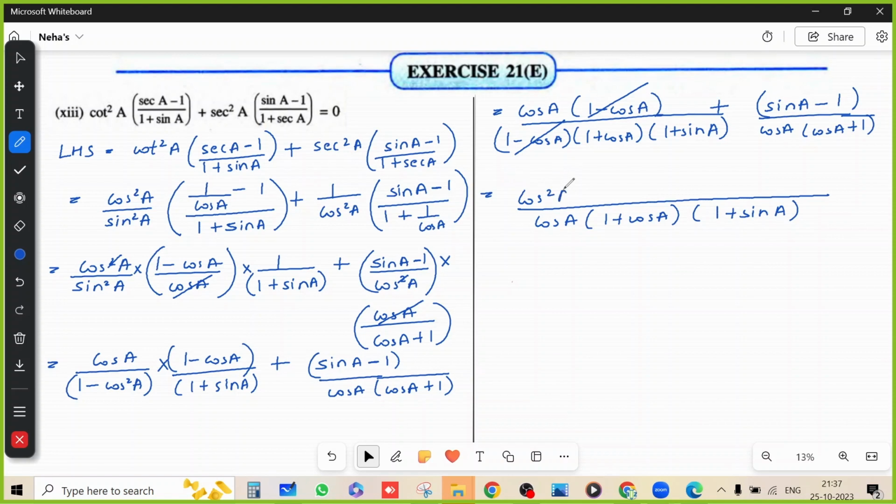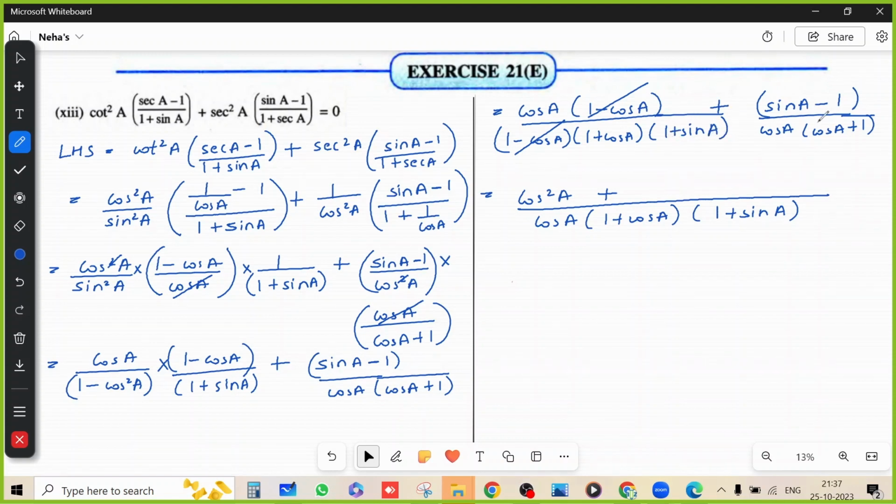So this will become cos square A. Then as we have cos A into cos A plus 1 both in the denominator, so this term would be multiplied with 1 plus sin A or sin A plus 1.